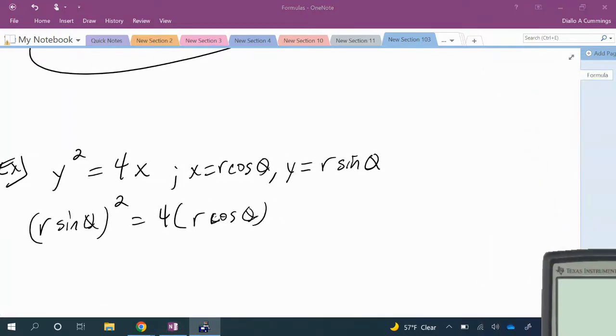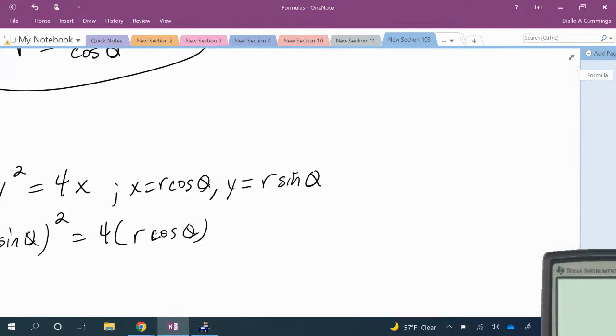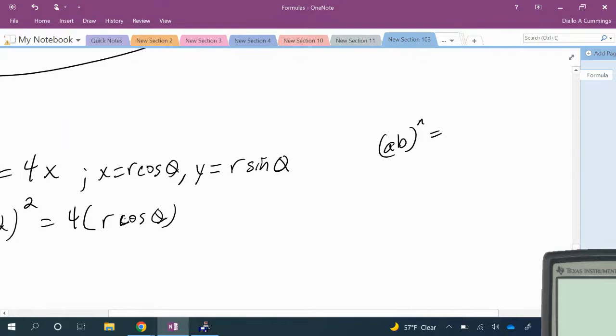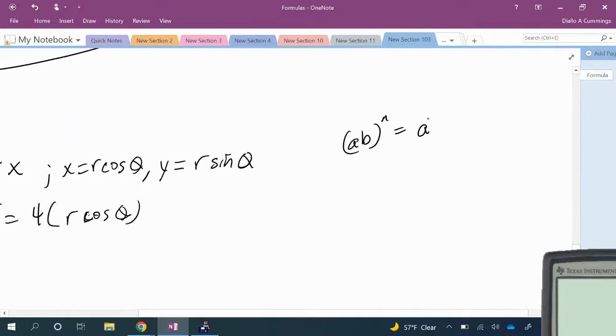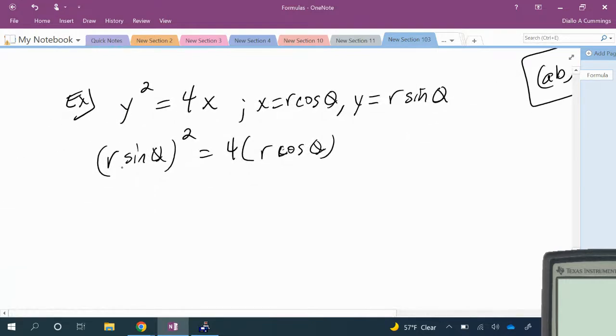So I want to bring up a rule from algebra. It says that a times b to the nth power, so here we're taking a product and raising a product to the nth power, is going to equal a to the nth power times b to the nth power. So we take both factors and raise both factors to the nth power. Comparing that to the left-hand side, we have r times the sine of theta.